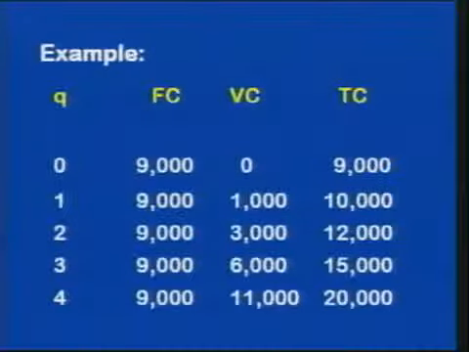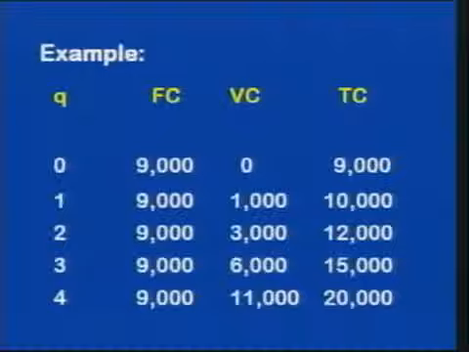So the variable cost is 0 if the quantity is 0. But if you produce one car, you have to hire somebody to work. So this costs you $1,000. And if you produce two cars, you have to buy more parts, and maybe the workers have to work longer or you have more workers on. So the cost goes up. Okay? So the total cost is just purely the sum of these two.